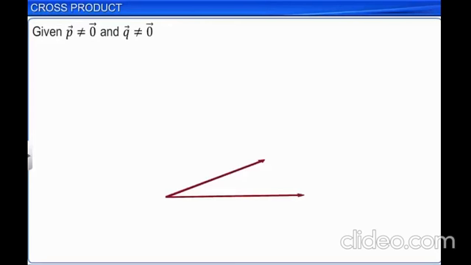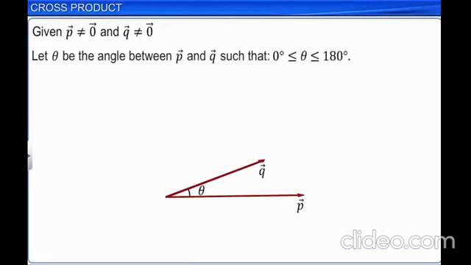Consider two non-zero vectors, P and Q. Let theta be the angle between vectors P and Q such that the value of theta lies between 0 degrees and 180 degrees.